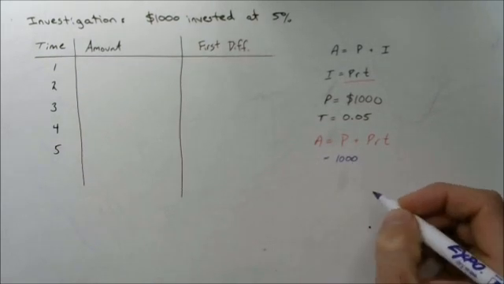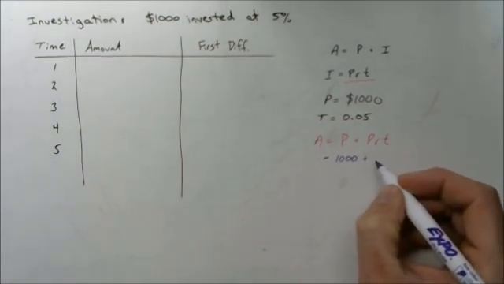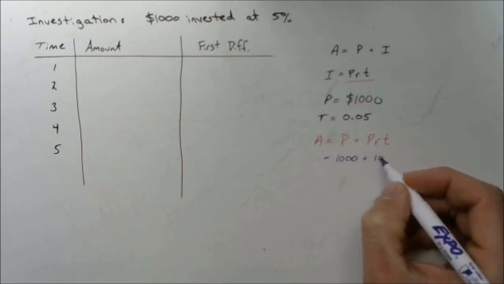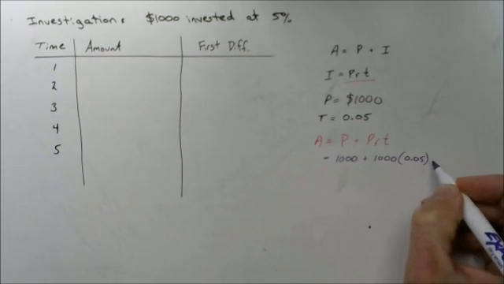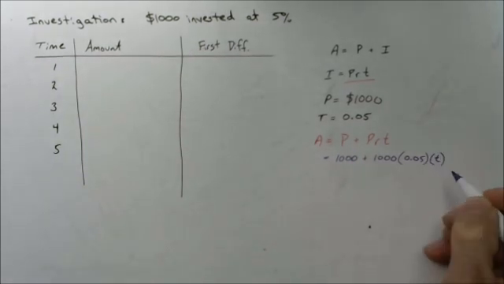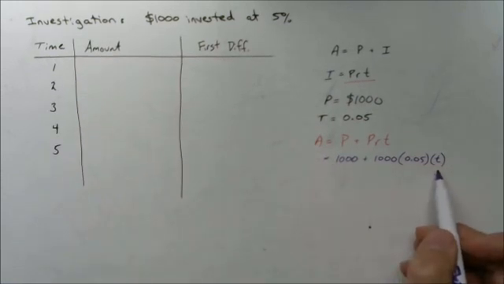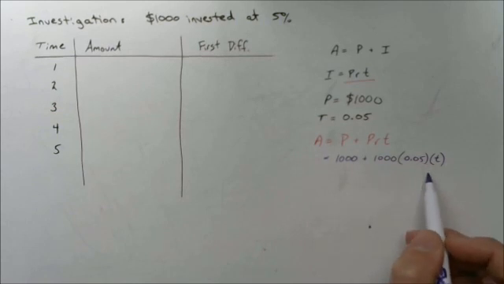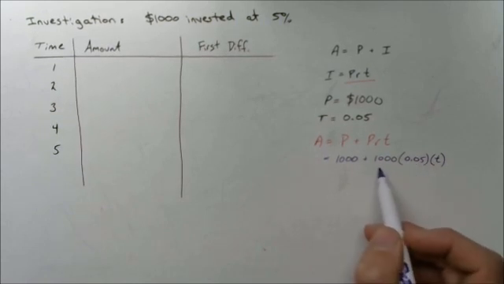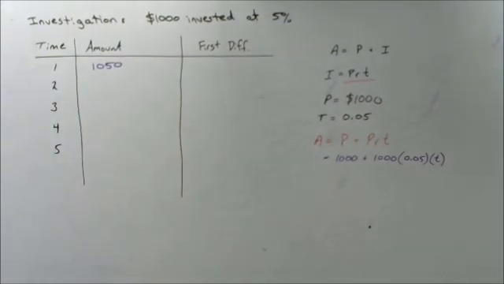So we have that original 1,000, and we're going to add 1,000 times 0.05 times t, all right? So let's say t equals 1. Then anything times by itself is itself. So 5% of 1,000 is $50, plus the original principal, we're going to have 1,050, okay?